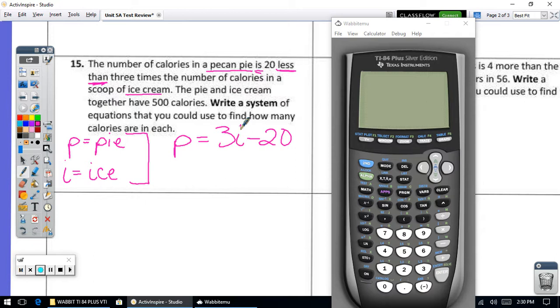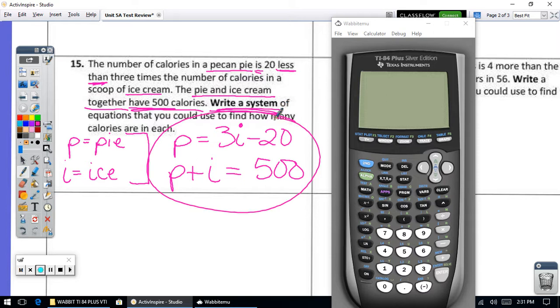So 20 less than means you need to take away 20 at the end of the problem. Let's keep reading. The pie and ice cream together, P plus I, all have 500 calories. Write a system. That's what we just did. We wrote a system. There is our answer.